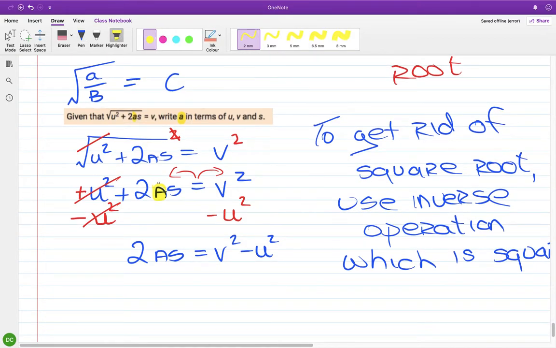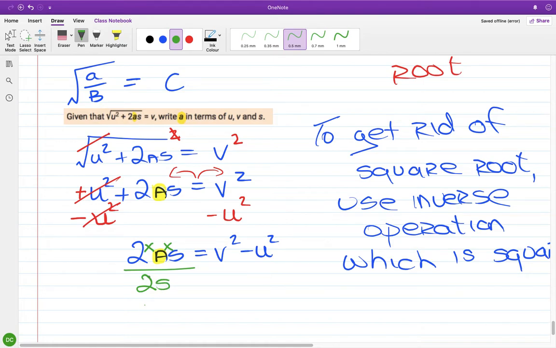Okay, so still trying to get that a. So that a, I don't know if we've done this yet, is being multiplied by the 2 and it's being multiplied by the s. So if I want to get rid of both, and you can do them one at a time, but I can do them together, I'll have to divide by the 2 and divide by the s.